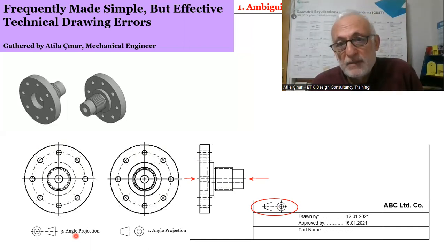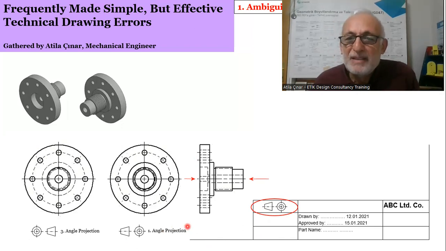And if the drawing doesn't say which method is used, I mean, if this symbol or this symbol is not seen on the drawing, they may think that all the drawings are made by using the method that they know.